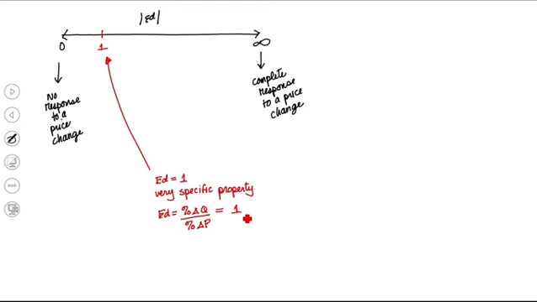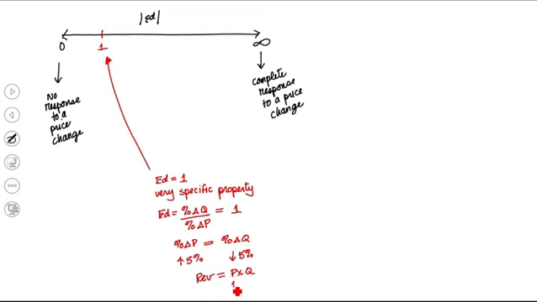So what that tells us is that whatever the change in price will cause an equal, but of course opposite direction, percent change in quantity. So if price increases by 5%, quantity decreases by 5%. Right? And if we have an equal but opposite reaction, what does that tell us about revenues?